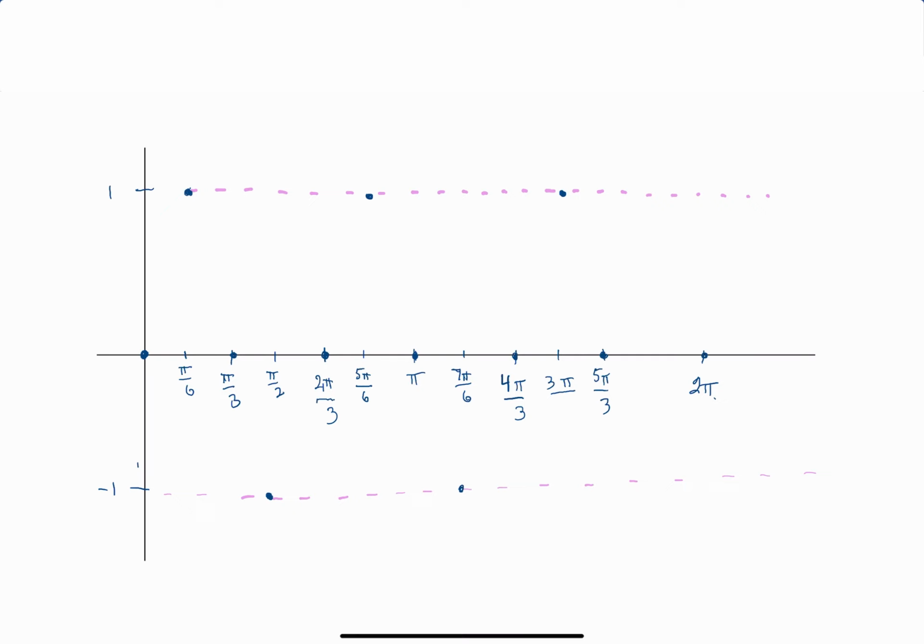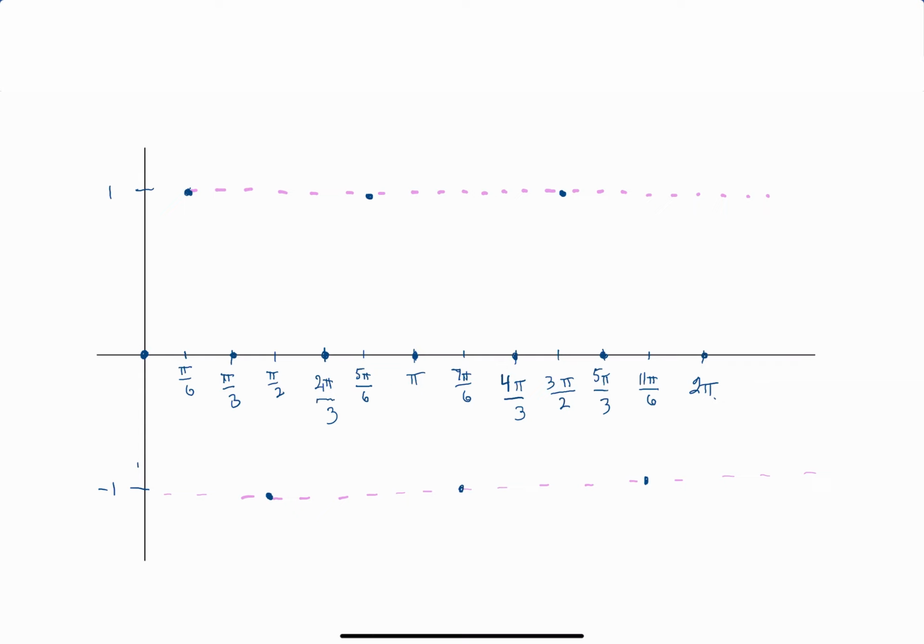Well, I think this is the hardest part of these graphs. And then we must have a, let's see, 2 pi is 12/6. So this must be 11 pi over 6. Yes, because 5 pi over 3 would be 10 pi over 6. Okay, and I've got a trough there.